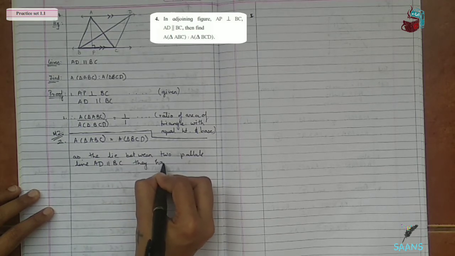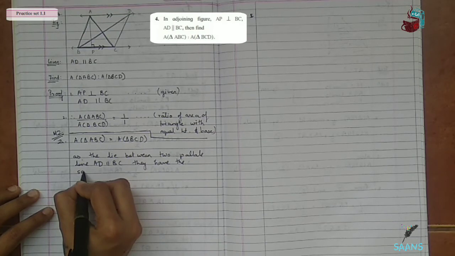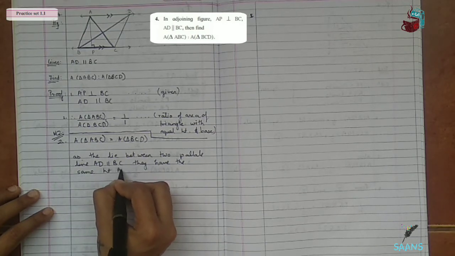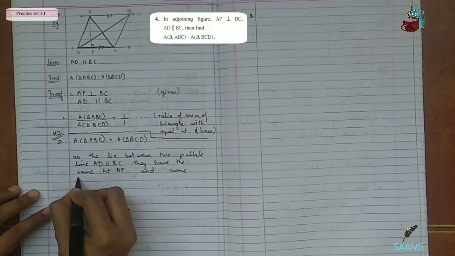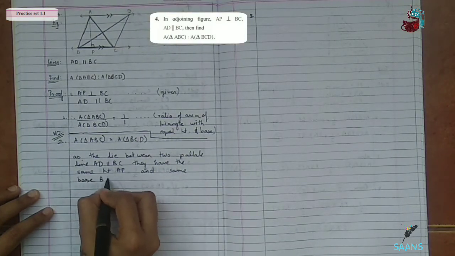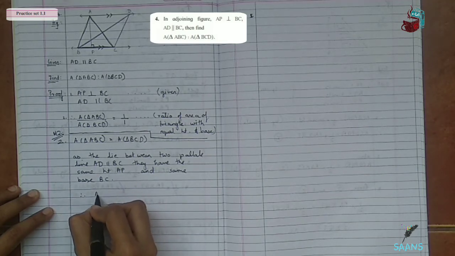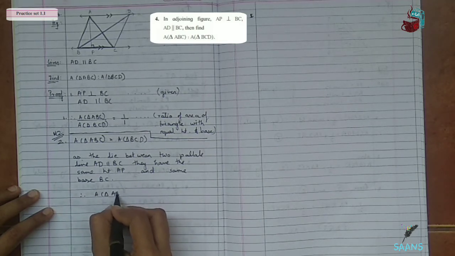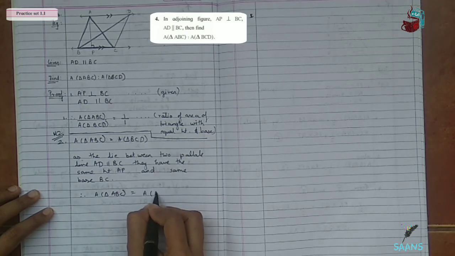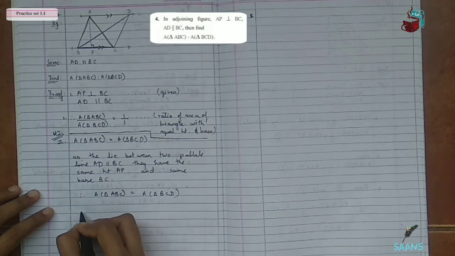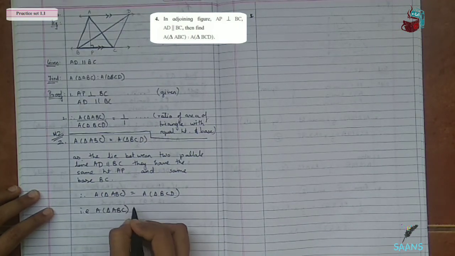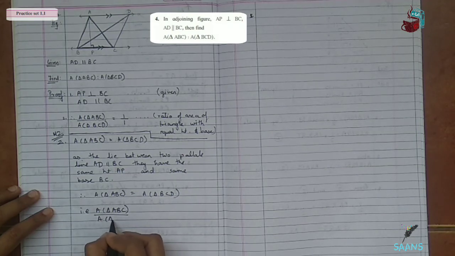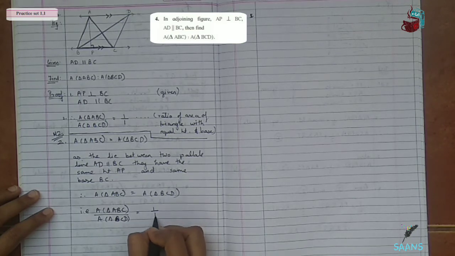They have the same height AP and same base BC. Therefore, area of triangle ABC is equal to area of triangle BCD. That is, it can be written as area of triangle ABC upon area of triangle BCD is equal to 1:1.